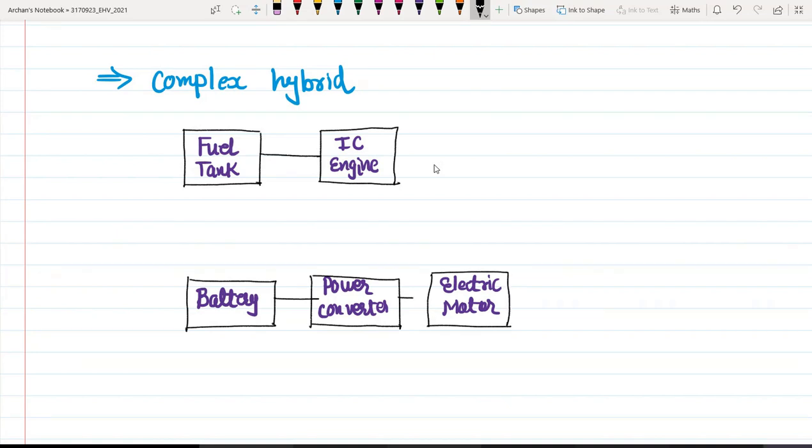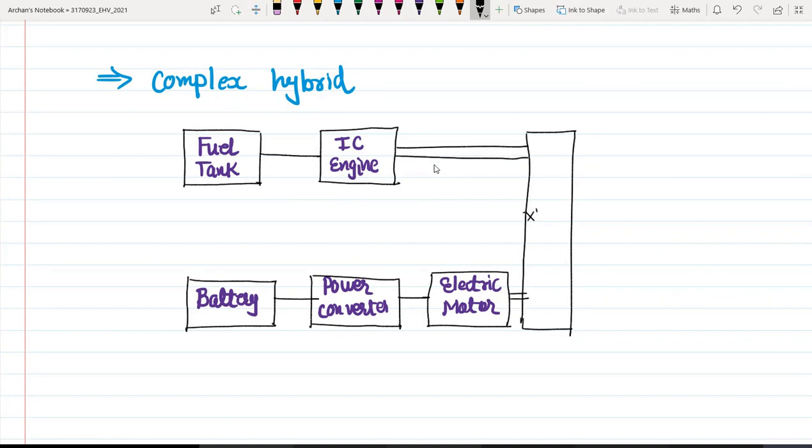And as I have told you, whenever we talk about the complex hybrid vehicle, at that time we are going to use more than one electric motor. So this is a parallel hybrid electric vehicle which we have connected this way. This is our transmission. Now what I am doing, I am connecting one more electric motor over here.